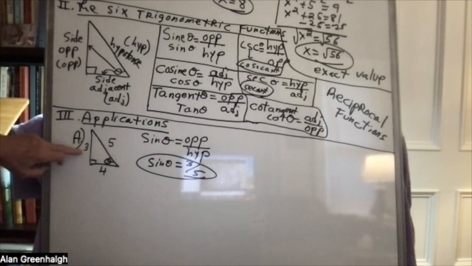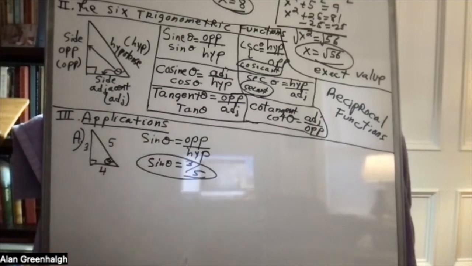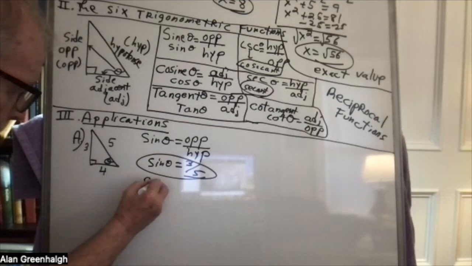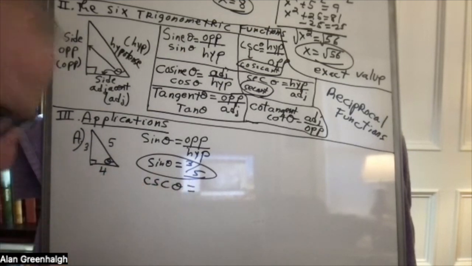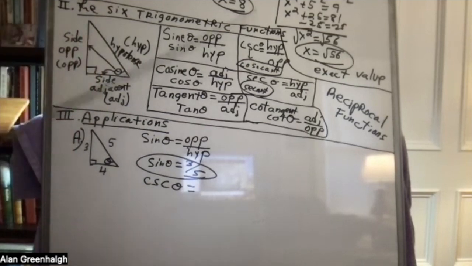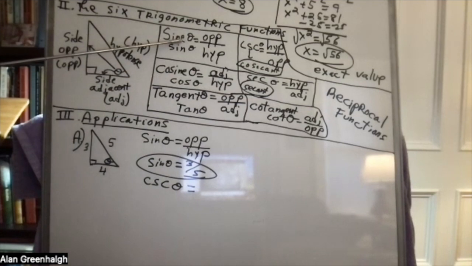The side opposite the angle divided by the hypotenuse. If I said, okay, what's the cosecant? You know that the cosecant is the reciprocal function of sine.